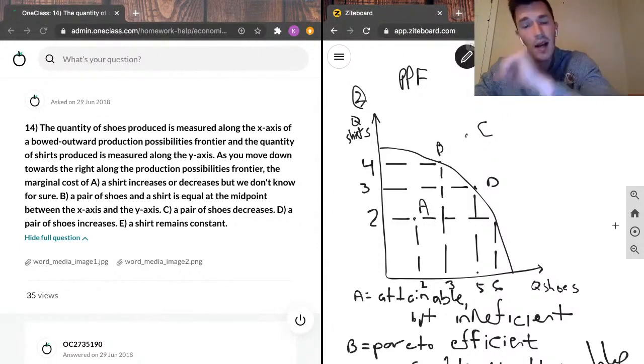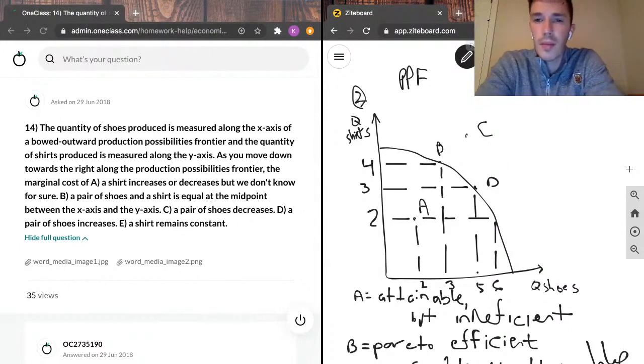So now that we know a little bit about a PPF, I think it's a little bit easier to answer the question, so I'll reread it one more time. The quantity of shoes produced is measured along the x-axis of the bowed outward production possibilities frontier, as we have here. And the quantity of shirts produced is measured along the y-axis, as we have here.